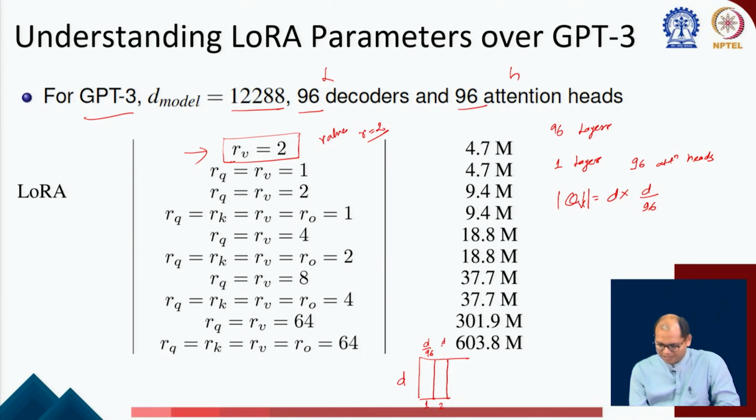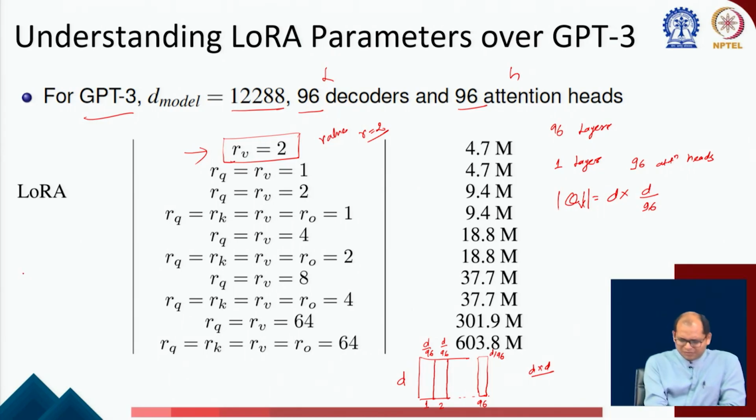This is for the second attention head, and like that you will have 96 attention heads. If you keep them in this arrangement, it will be a D cross D matrix. You call it the value matrix for the layer, of D cross D dimension, by putting all the parameters in this manner. Think of this as your weights, the value matrix for a particular layer, of D cross D dimension.